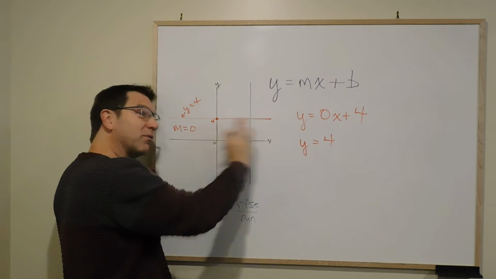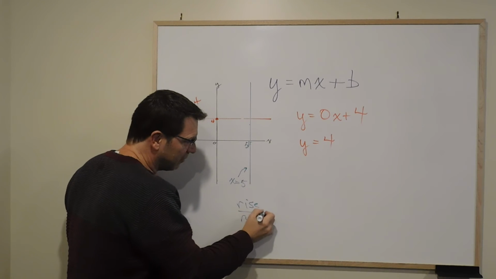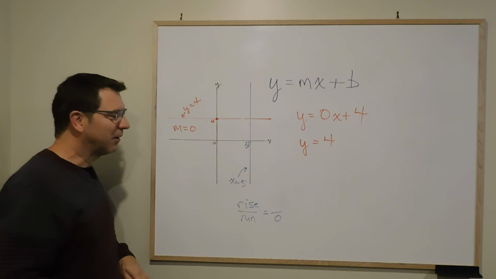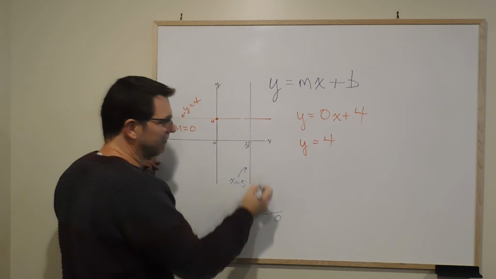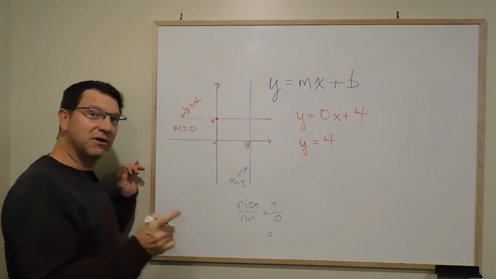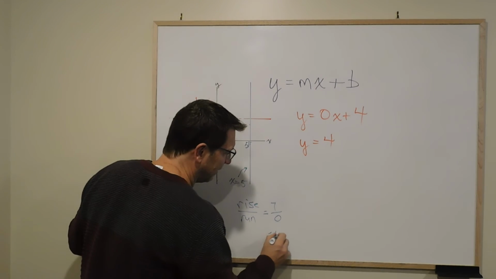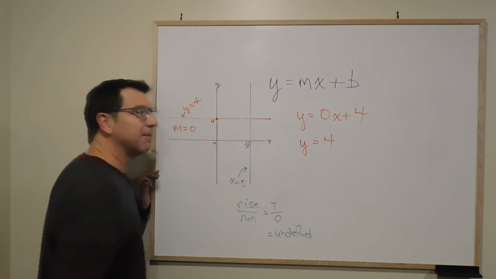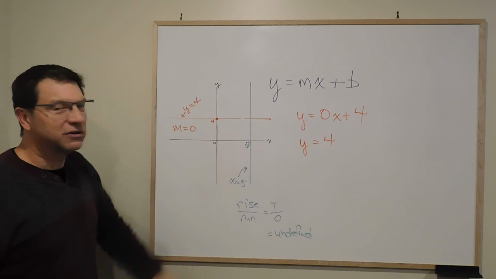I never move one way or another. So no matter what my rise is, my run is 0. I don't care. Let's say my rise was 7. But any number divided by 0 is undefined. Undefined. So that's why this is a special case.